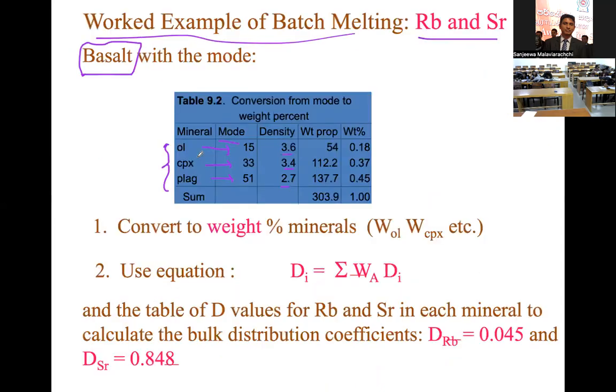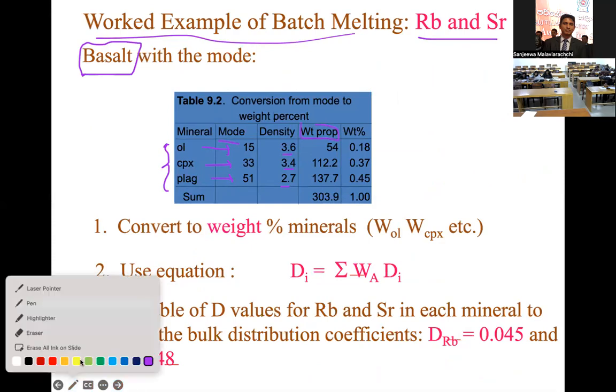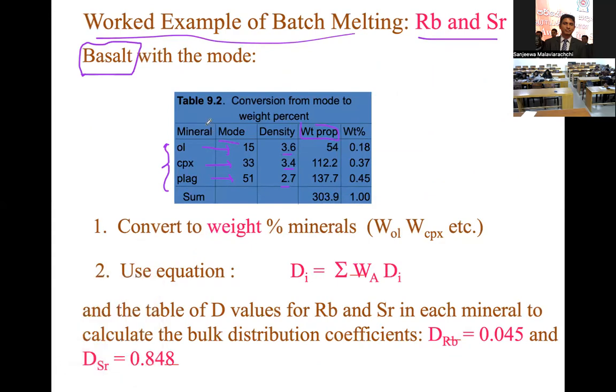Okay, right. So first you have to find out the weight proportion, because initially you are given only the modal percentages. Note that you are given only this mineral and this mode, and the density is known from the textbook, or it will be given. But no other information.